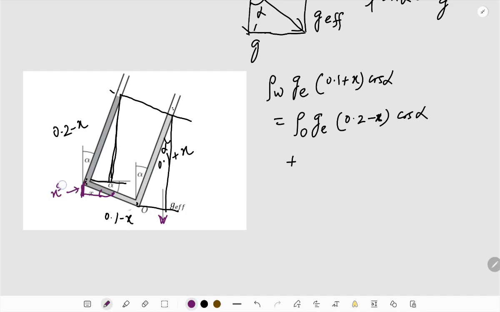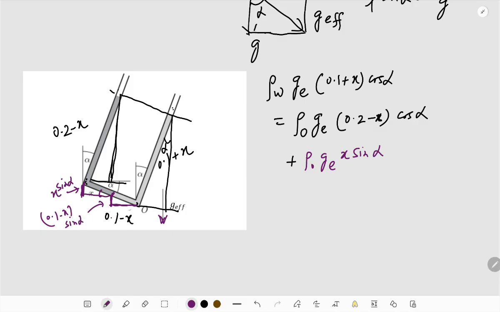So I can write it again, rho O G effective x sine alpha. And so I got the pressure here. Now I'm going to write pressure here. So I need the length in this direction, and this is 0.1 minus x sine alpha.